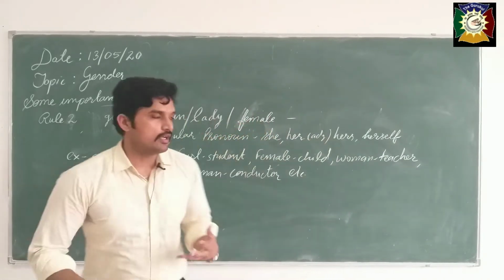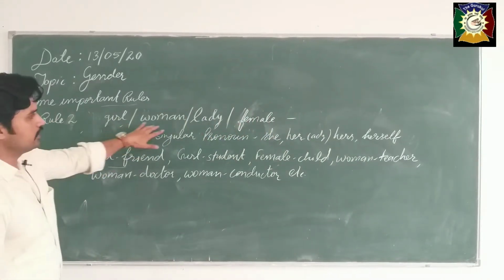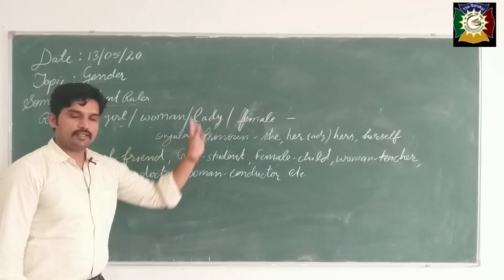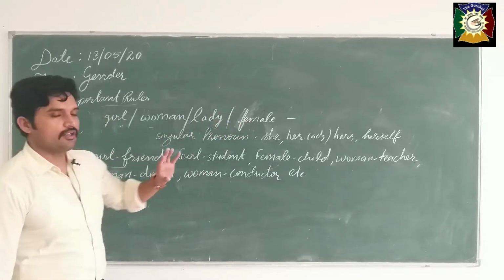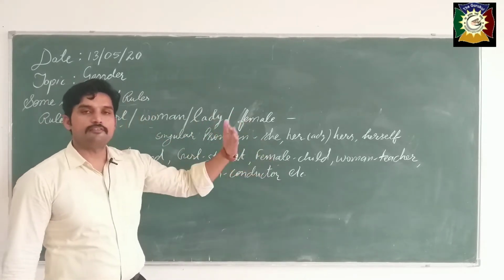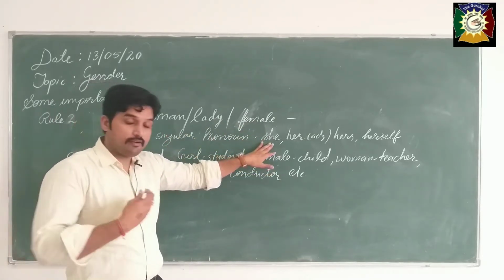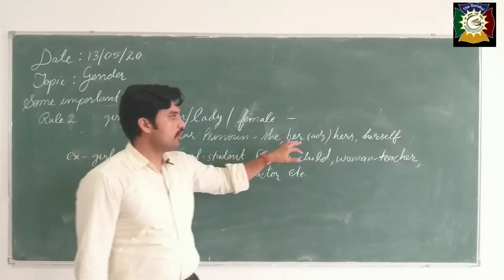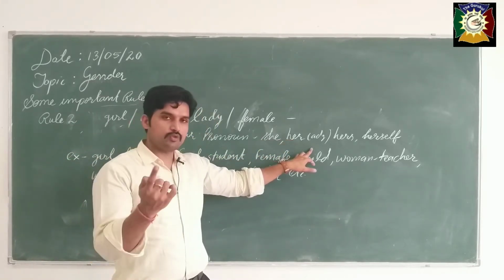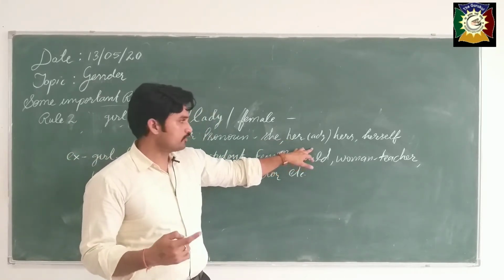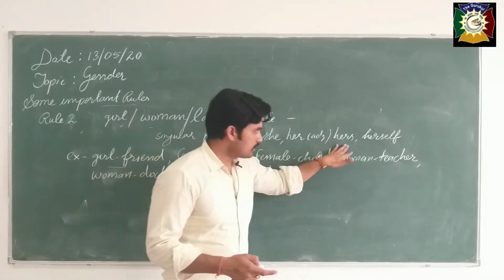When you have used one of these, you can understand it is related to the feminine sense. So we have to address them as she, her with an adjective, if you want to talk about a quality of some person related to these, hers or herself.